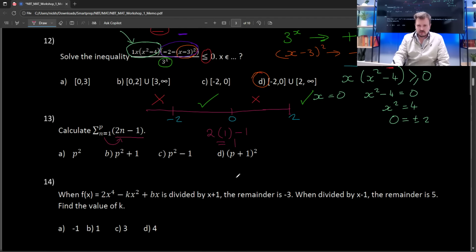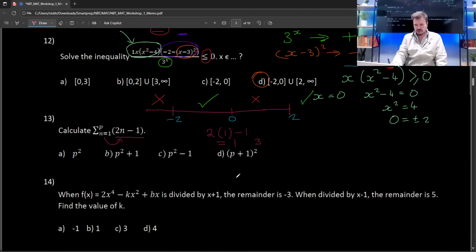What this weird symbol here means is the sum of. So what this in English means is the sum of all of the terms, starting with n being 1 and ending with n being P. So the next term would be 2 times 2, which is 4 minus 1, which is 3.